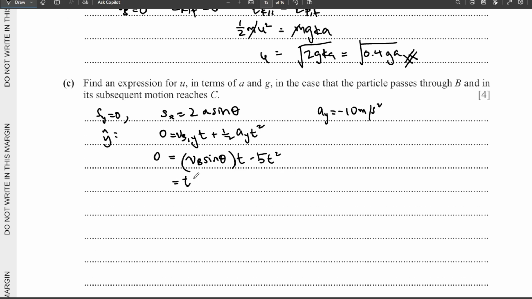Then for both terms you can factor out the t. You're left with just, or maybe I should not, this ay I should not put as 10 because they want it in terms of g. So I put it as negative g.